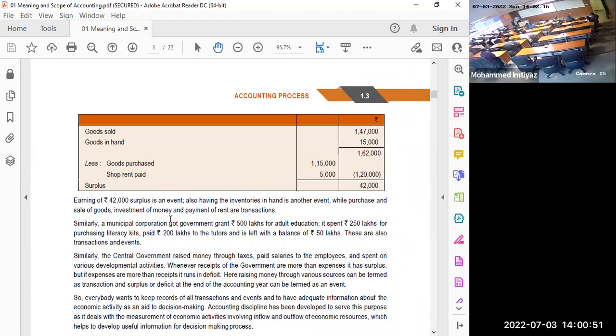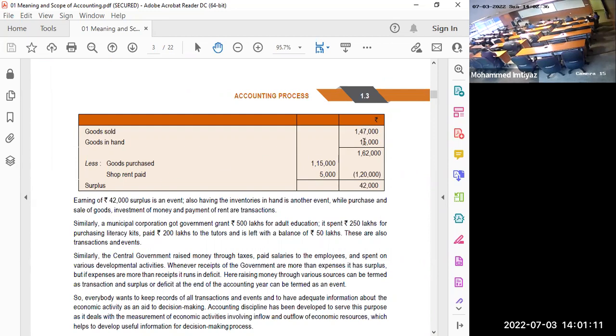Simply, you can find out the surplus or profit of a company by looking at this. Look at this, goods sold. Suppose I have bought goods for rupees 1 lakh. I have sold goods for 1,47,000. Remaining 15,000 worth of goods are there. Now how do I find out the profit of the company?